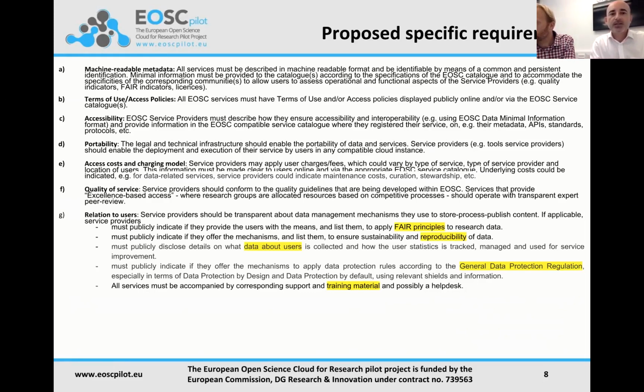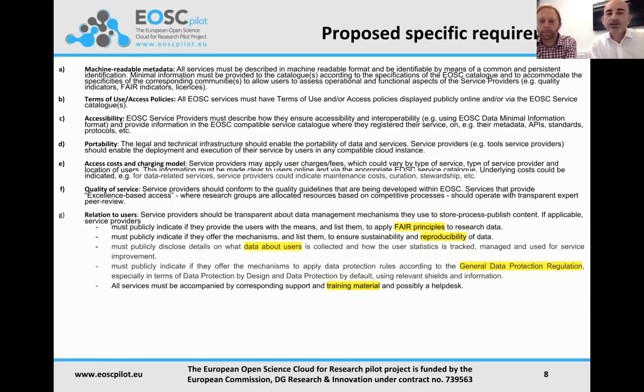The second specificity is the terms of use, or the access policies. So we propose that all EOSC services must have terms of use and access policies displayed publicly online and via the EOSC catalogs. The third specification is about accessibility.